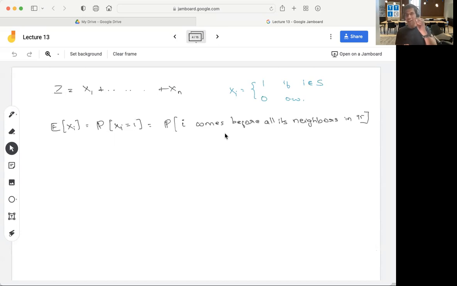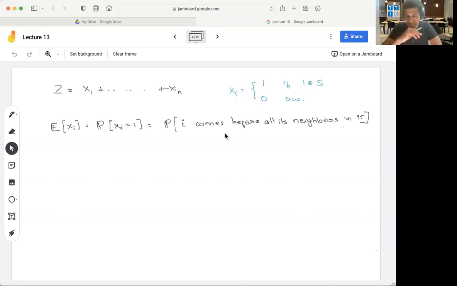Let's say this vertex i has 5 neighbors, so it has degree 5 in the graph. Then no matter what happens to all the other vertices, what happens to i only depends on what happens to its neighbors. The only vertices that can rule i out are its 5 neighbors. Nobody else can rule out this vertex, because when you rule something out, it's because you considered a neighbor of it, and you cross out everything at the endpoint of that edge.